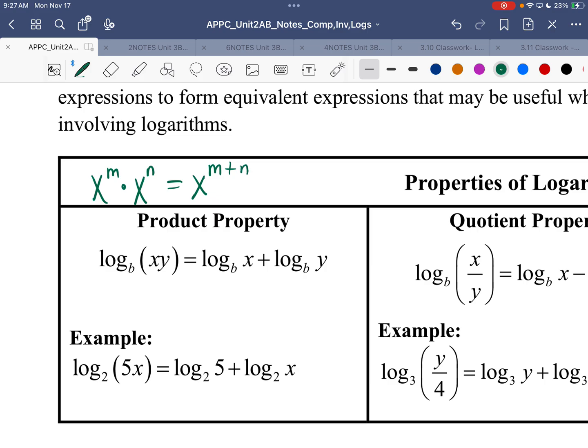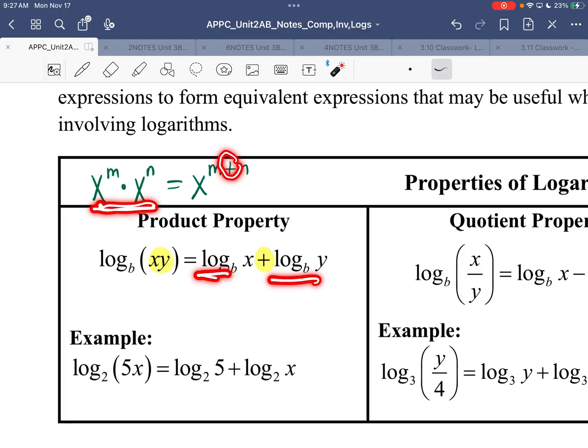Add them. So when I see log of something times something, it should become a plus sign when I want to separate them. Do you see how the plus sign brought the bases together in exponential? Logs are inverses of exponentials, so it's going to separate them. The plus sign will spread them apart into two separate bases.